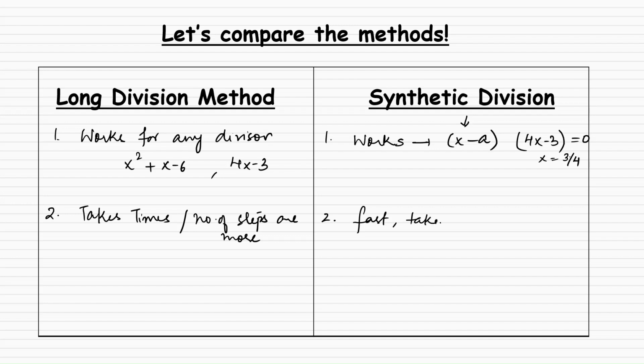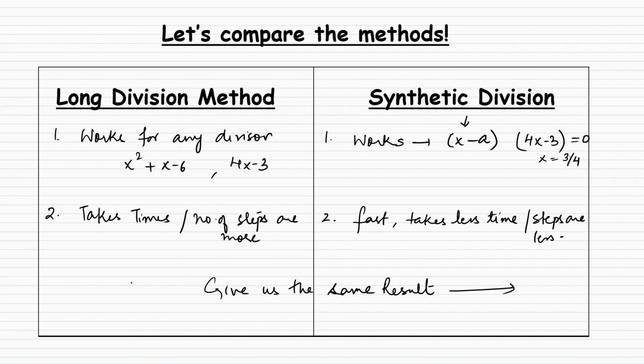It takes less time. But both these methods give us the same result. So it's up to you. If the divisor is of the form x minus a, you can do long division or synthetic division.